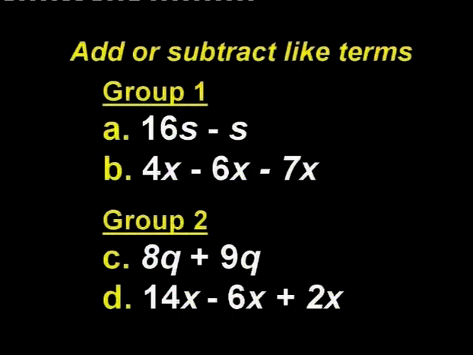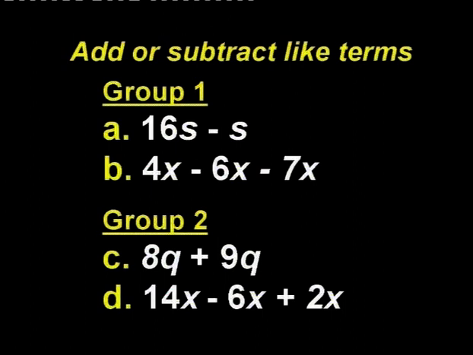All right, and the next one, receiving teacher, you can copy this down if you don't have your handbook with you. 4x minus 6x minus 7x. Please make your correction if you don't have that. Next one, 8q plus 9q. Check. 14x minus 6x plus 2x.